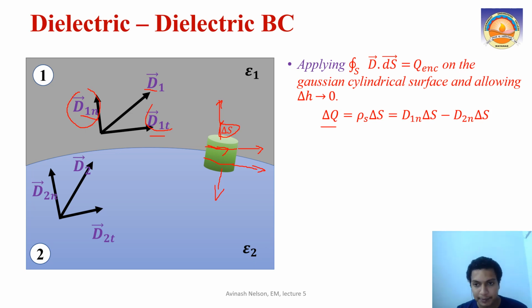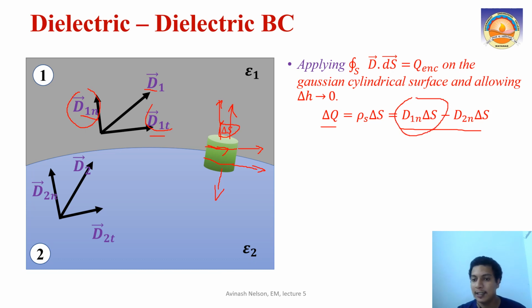Then let us first concentrate on D dot dS. What is the D dot dS component? It is D1n into delta S, because the delta S direction is normal outward. The area's direction is normal outward. So D1n, the normal component of electric flux density in the first medium, and the delta S both have the same direction. That is why here it is D1n into delta S. The dot product is just multiplication.